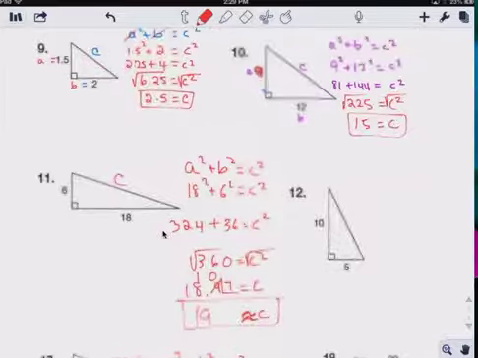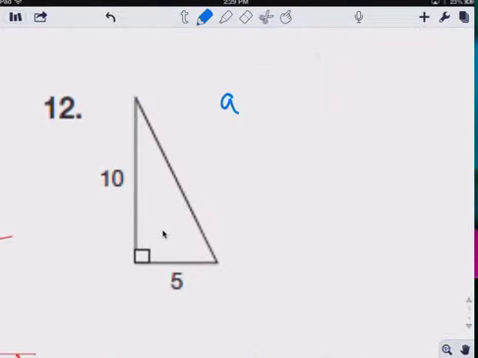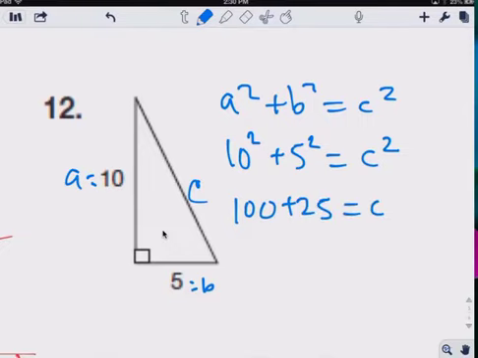Okay, number 12 is a squared plus b squared equals c squared. This is a, this is b, and c is missing. 10 squared plus 5 squared equals c squared. It's 100 plus 25 equals c squared.